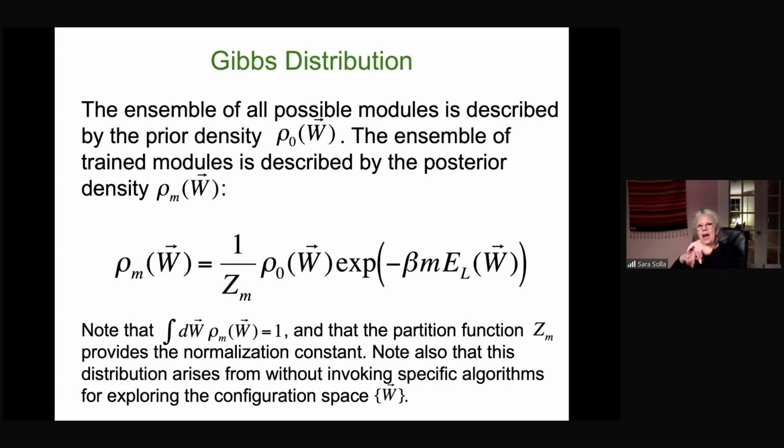When we started, we had an ensemble of all possible networks, all possible models, described by this prior density rho 0 of W. Now, after I have seen m examples in the training set, I have an ensemble of trained networks, and this ensemble is described by a probability rho m of W, which is rho 0 of W e to the minus beta m EL of W divided by Cm, where Cm is just the integral over W of rho 0 of W e to the minus beta m EL of W. So the integral of dW rho m of W is again equal to 1.